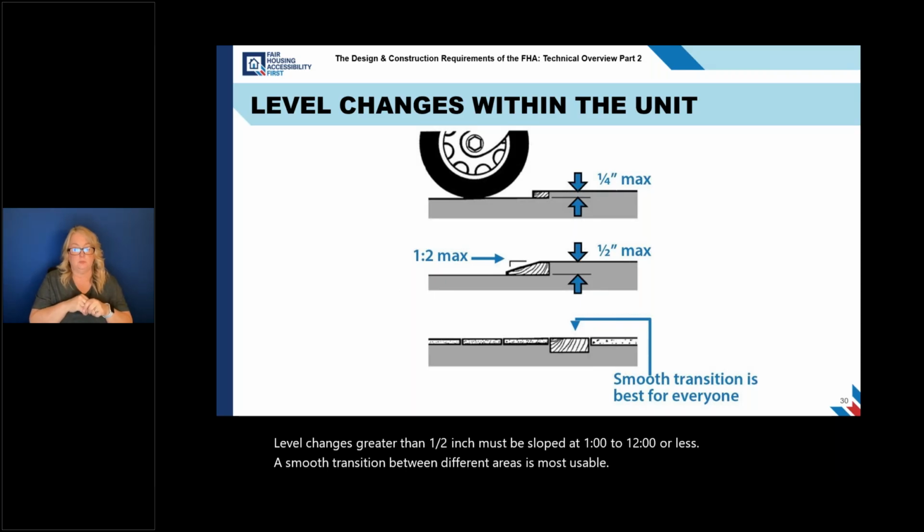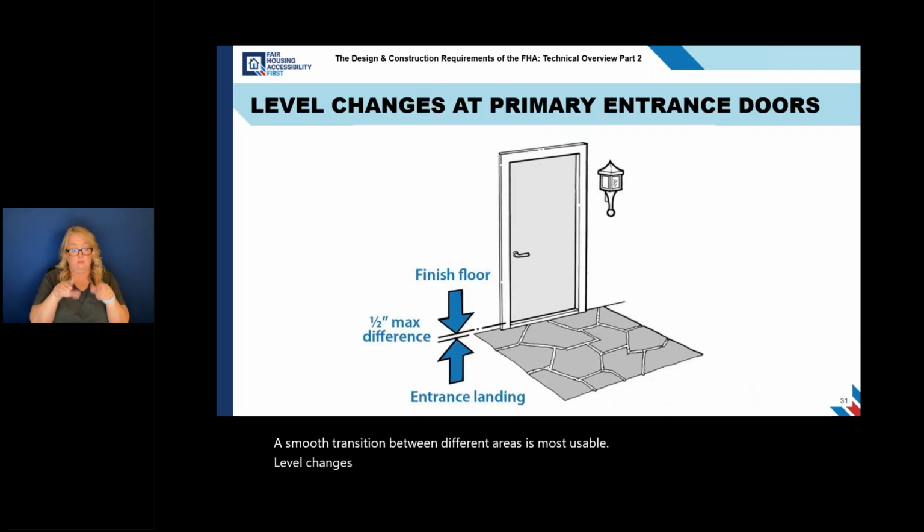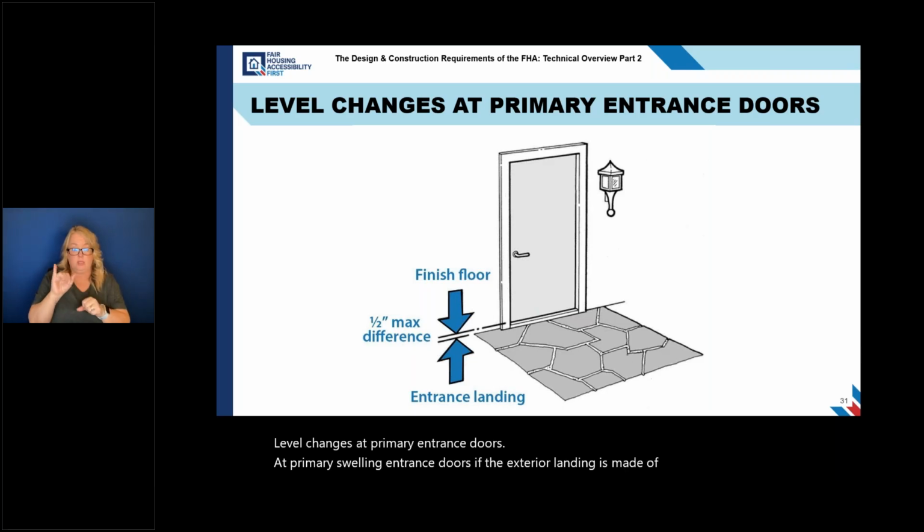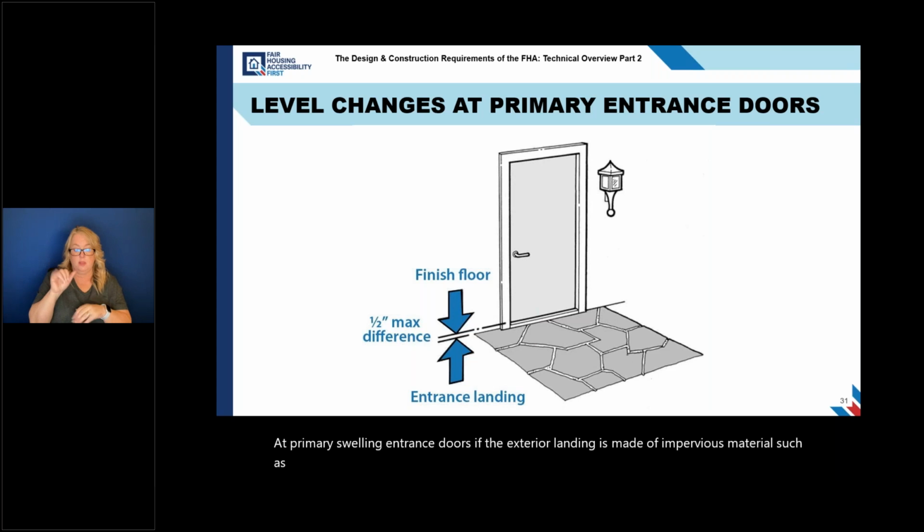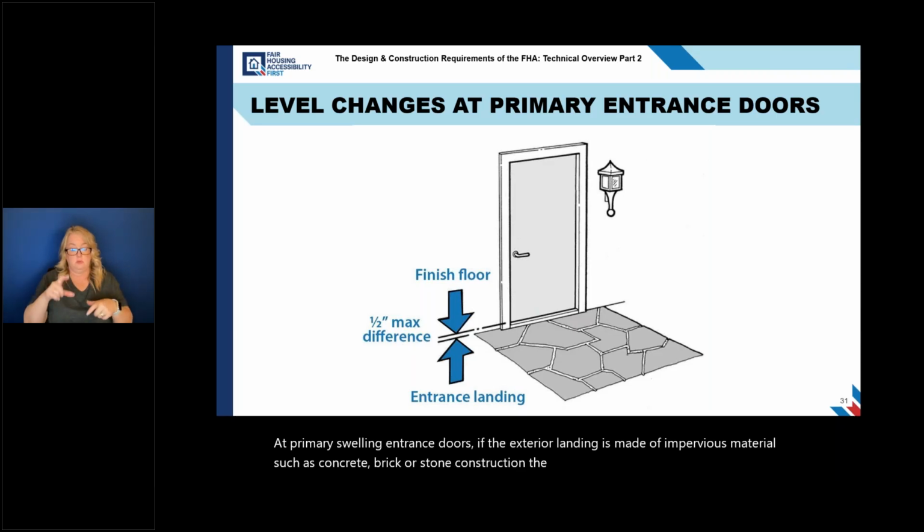Level changes at primary entrance doors. At primary dwelling entrance doors, if the exterior landing is made of impervious material, such as concrete, brick, or stone construction, the landing may be no more than a 1/2 inch below the unit's floor.